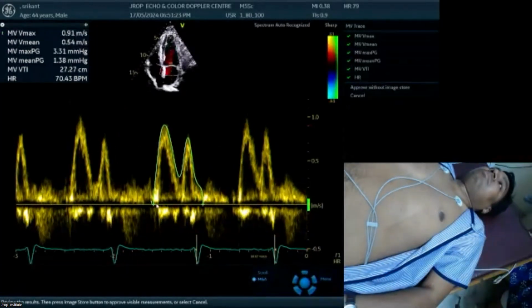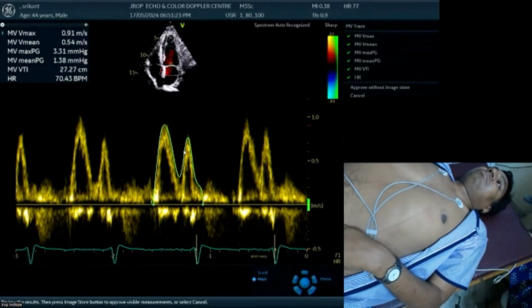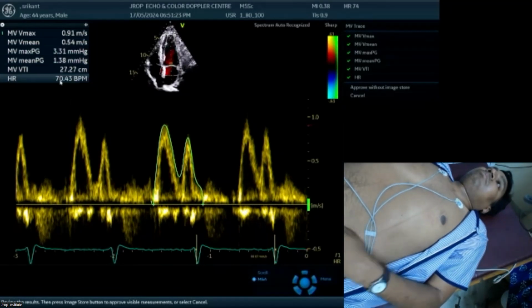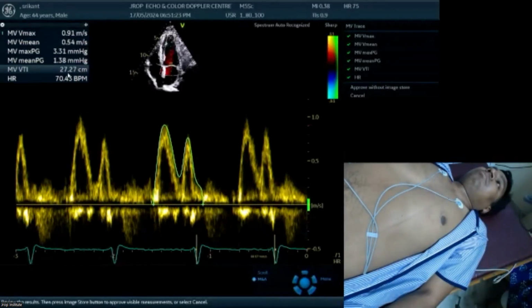The Doppler spectrum pattern is: beginning of this mitral flow opening, going all the way, tracing it down, come back, go up. This is E wave, this is A wave, and this is end. And here the flow velocity maximum is 91, mean is 0.54, gradient is 3.31, mean 1.38, heart rate 70, and mitral valve VTI is 27. This is how we make peak and mean gradient and VTI.